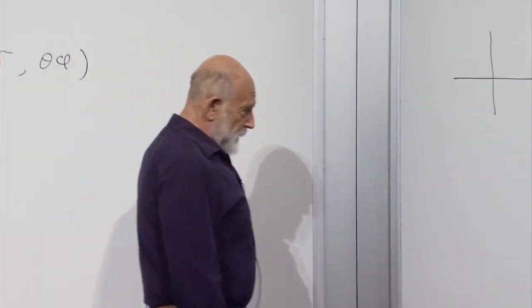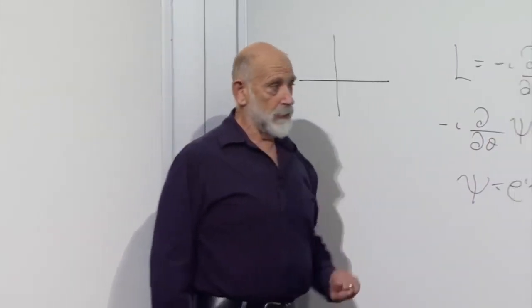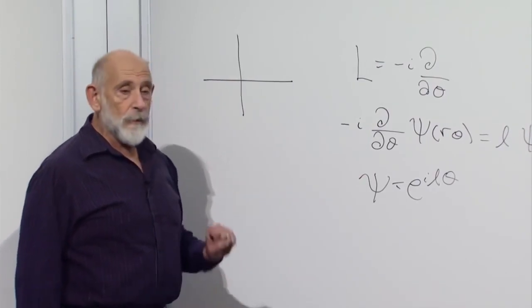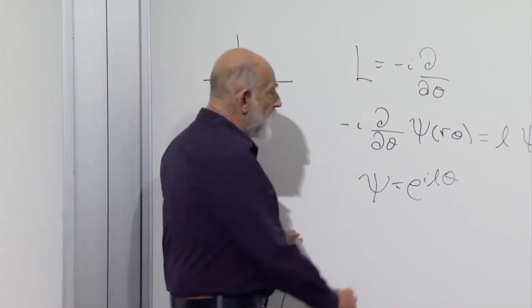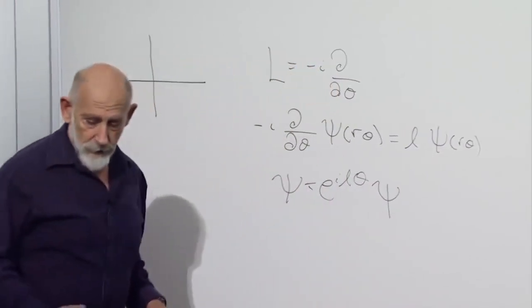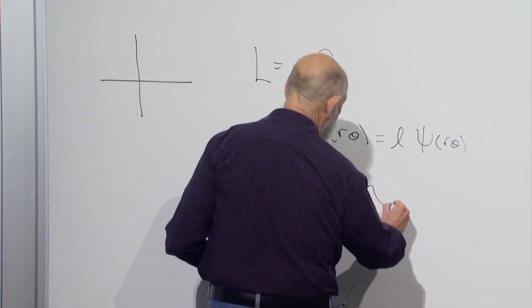Well, what about the r dependence? This doesn't tell you what the r dependence is. So you have an angular momentum eigenfunction no matter what. Let's use a different function, let's call it chi of r.